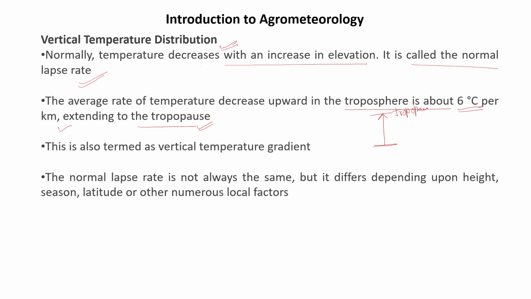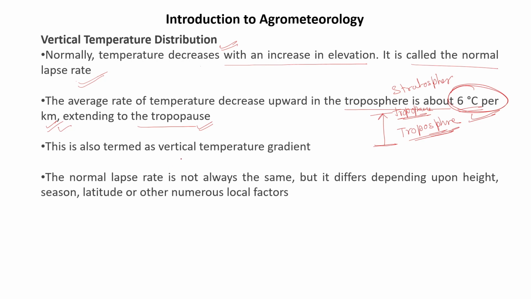Tropopause. This is the transition zone between the troposphere and the stratosphere. So this is our troposphere, which we have already completed in our previous session. This is the stratosphere. This particular lapse rate, 6 degrees centigrade per kilometer, we can see in the troposphere region only, up to the tropopause, right?